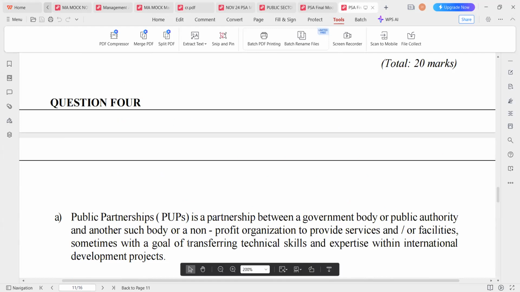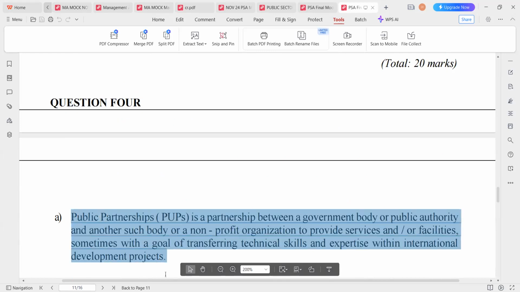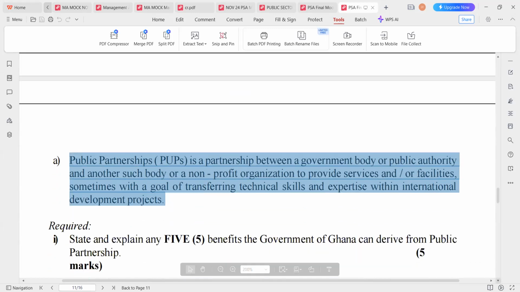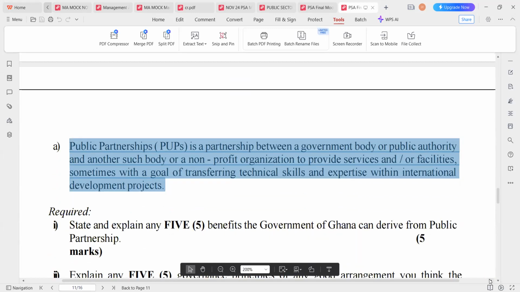So here, do not worry yourself about this stuff. I just placed it in there. Benefits Ghana derives from public-private partnerships. They will make it like benefits Ghana derives from service concessions.